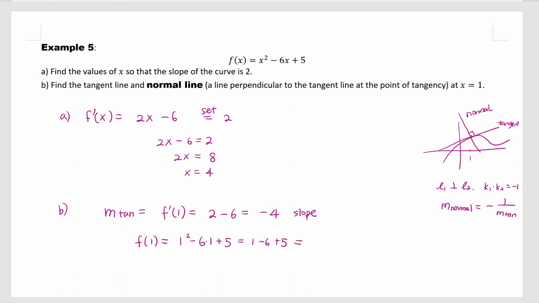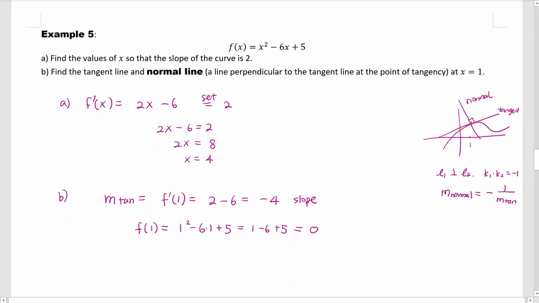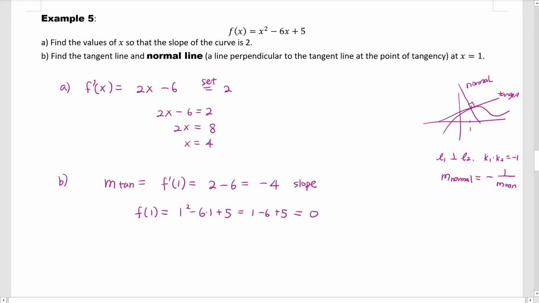Oh, well that is 0, right? What does that mean? That means the point is at (1, 0).